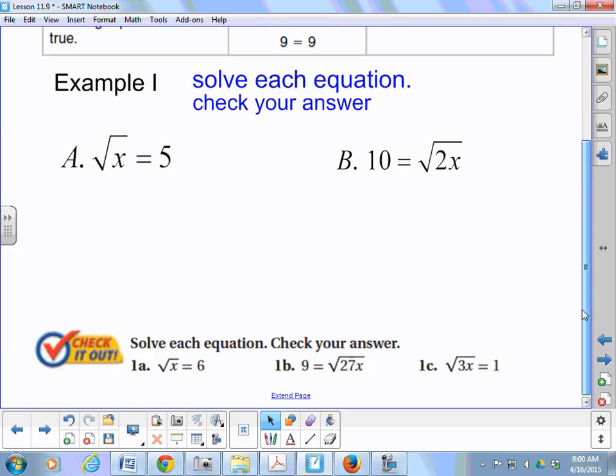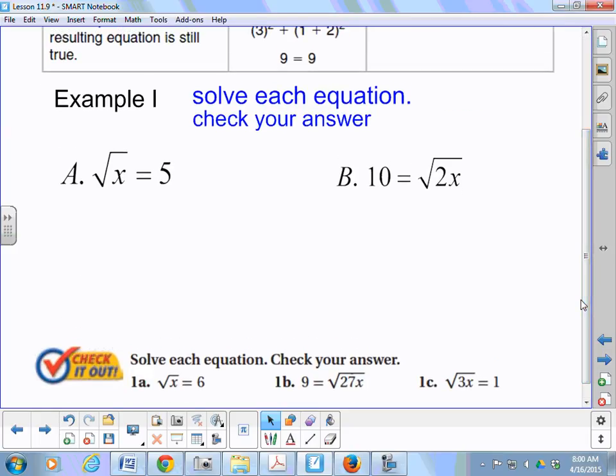Okay, so here we go. Example 1. Basic radical equations. So, how do I get rid of a square root sign?